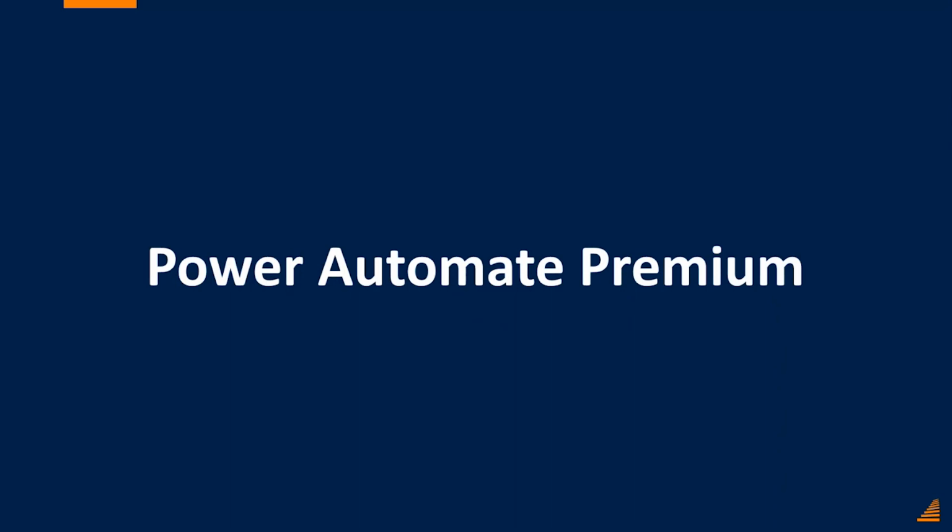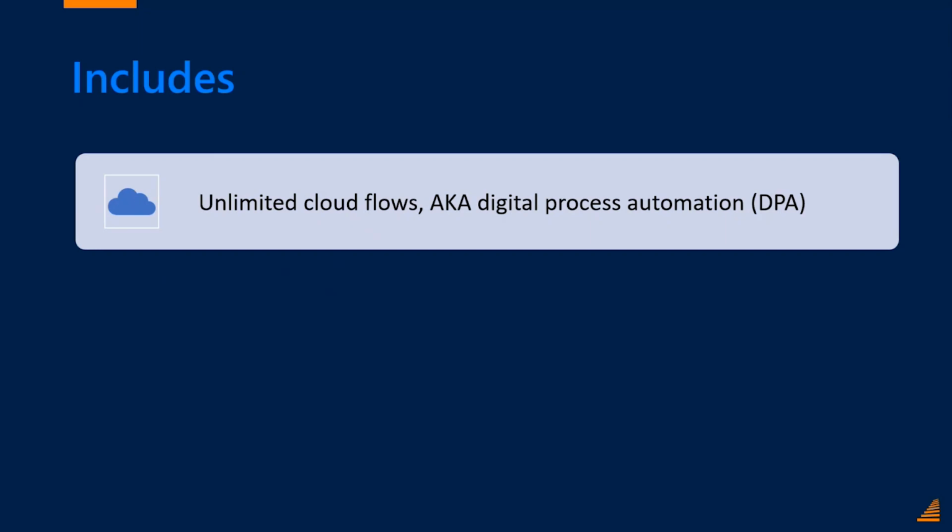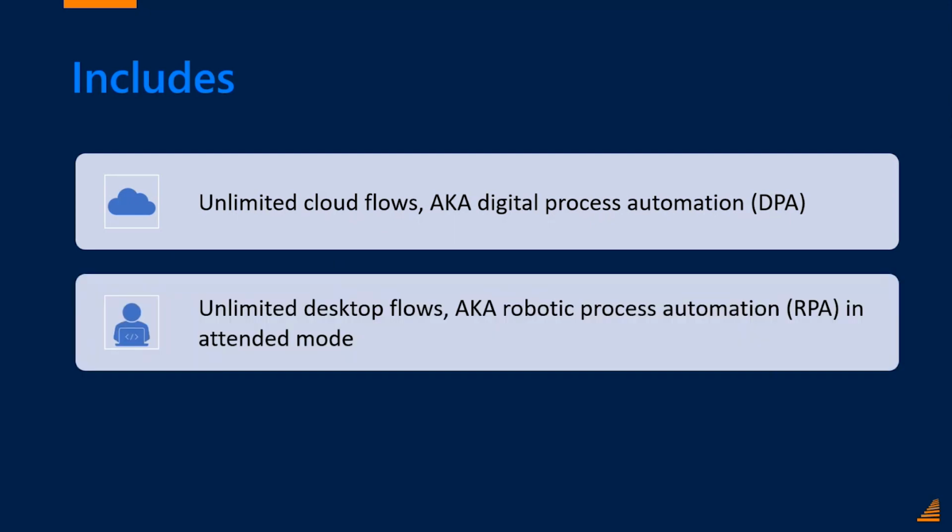It does now, and it's the hero SKU, and it includes unlimited cloud flows, which Microsoft call digital process automation. Also includes unlimited desktop flows, which are also known as robotic process automation, in attended mode.